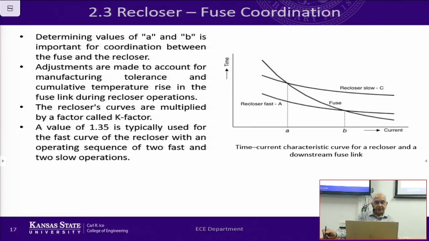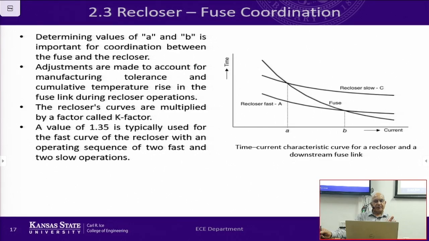Also, one other thing that is important to keep in mind is that all these devices are not very accurate. So we need to put some margin. So typically the recloser characteristics will have what they call a K factor, because although this is the declared characteristic for the recloser, they put an extra margin on top of it, and this depends on the different type of conditions.